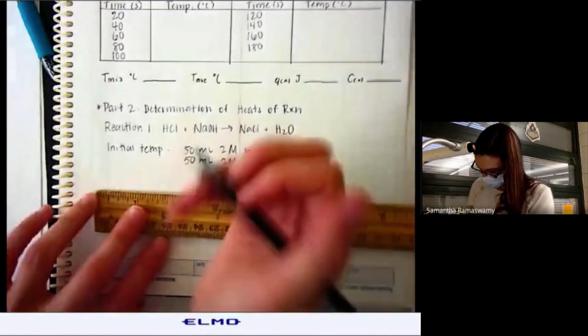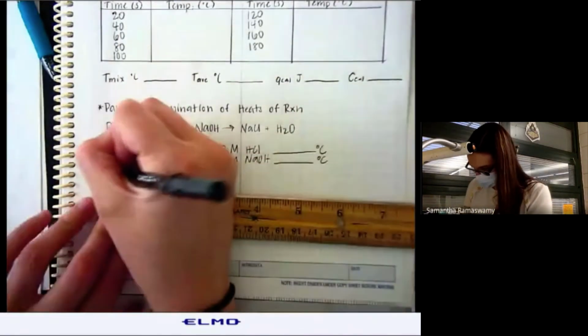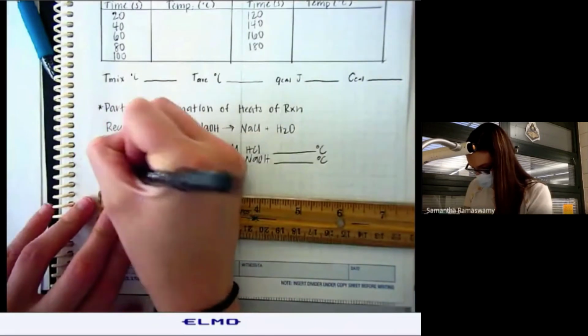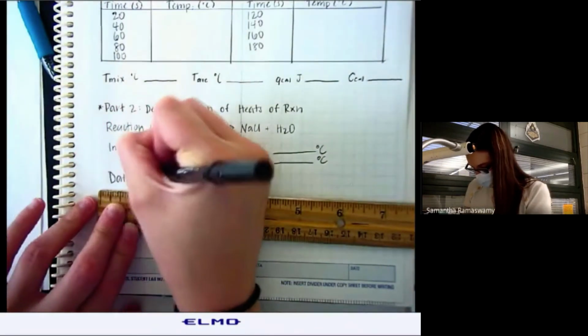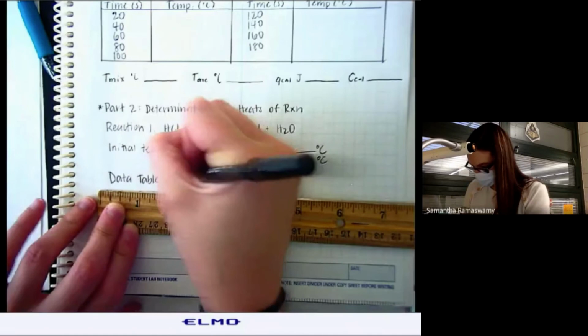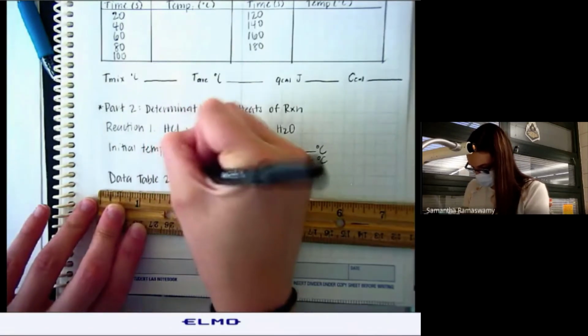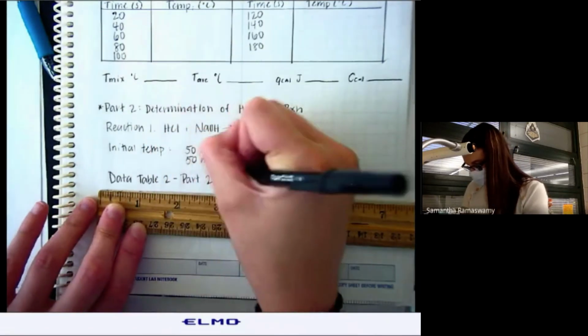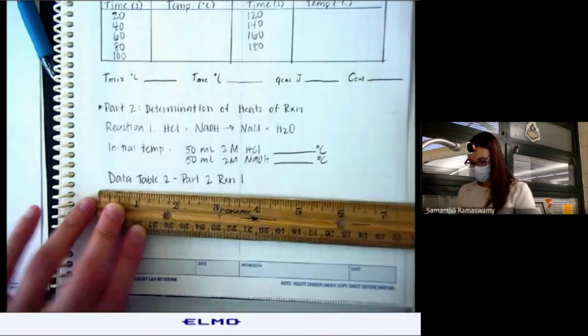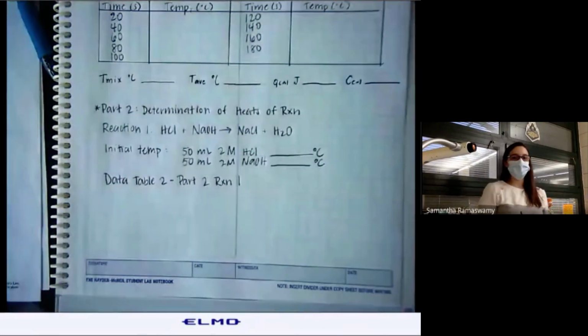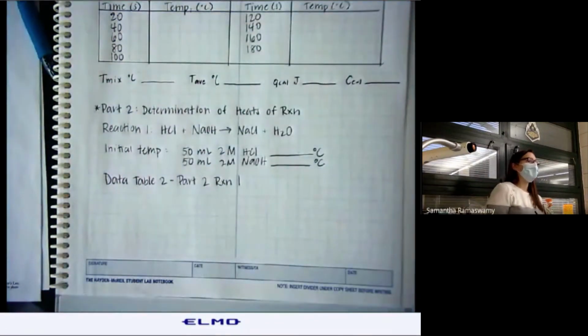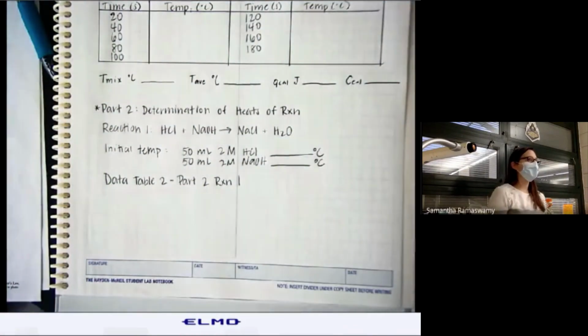I'll label it first. Notice I actually tried to label it for you in the lab. Data table 2, part 2, reaction 1. So data table number 2 is the data for part 2, reaction 1.